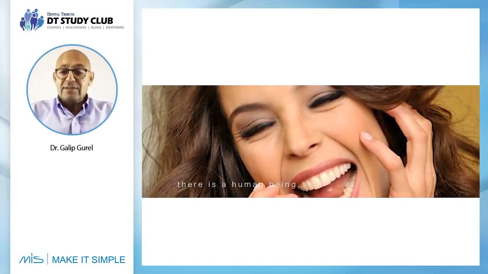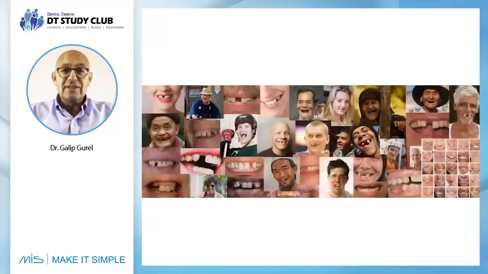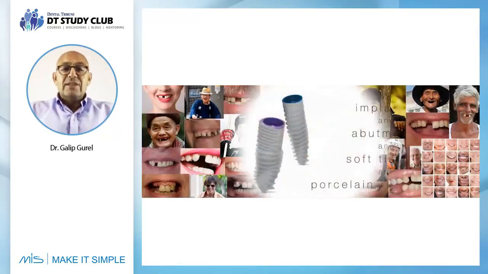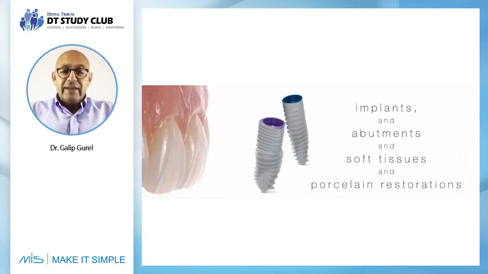And as a last resort, like we can see in those pictures, when it is time to place an implant, then we think about placing the implants. So basically, it's a whole bundle. We have to have implants, we have to have abutments to connect it to the final restorations.